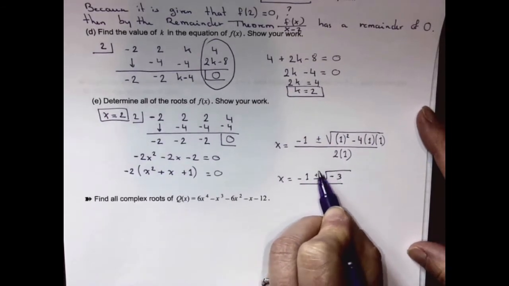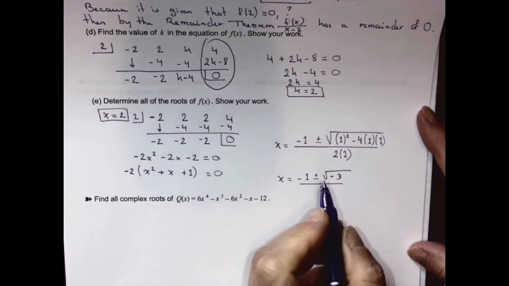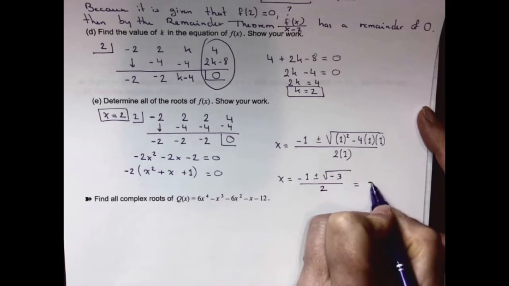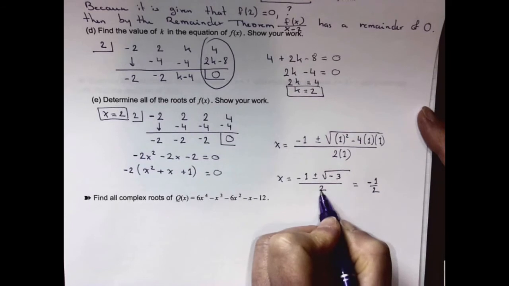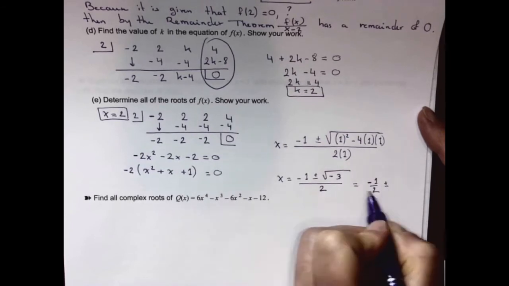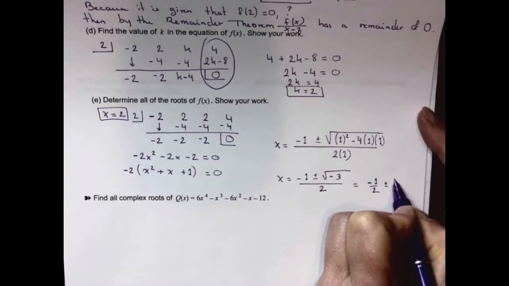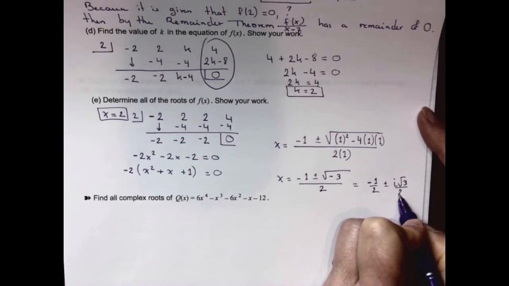This here comes out as an i, and the square root of 3 cannot simplify, so that will be negative 1 over 2, and then the plus or minus i square root of 3 over 2.